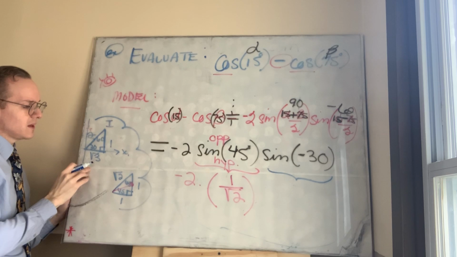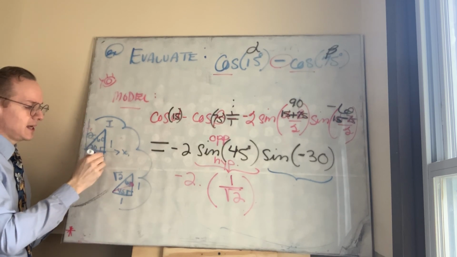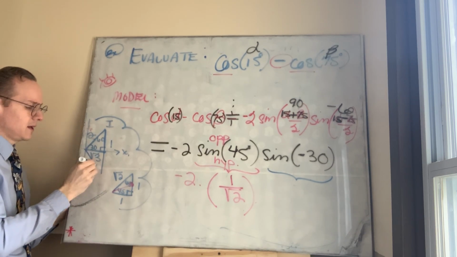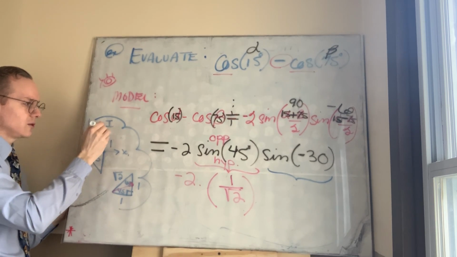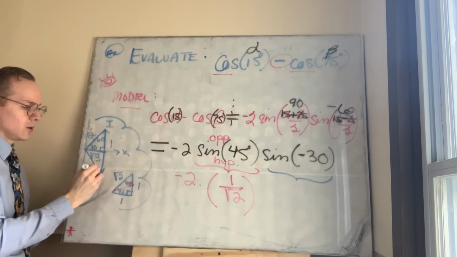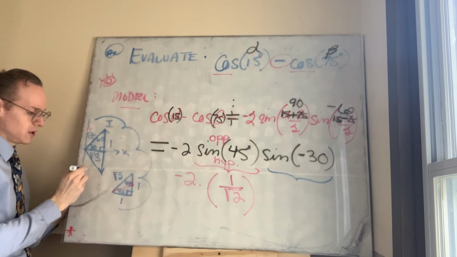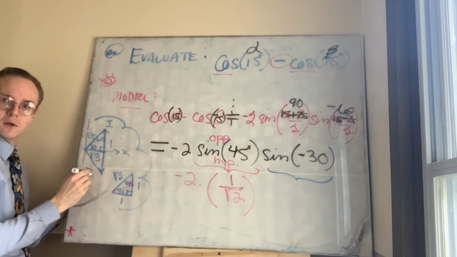If it's negative 30, in theory, it's still along the positive x-axis, but the y value, instead of going up, goes down. It would be in quadrant 4, specifically.